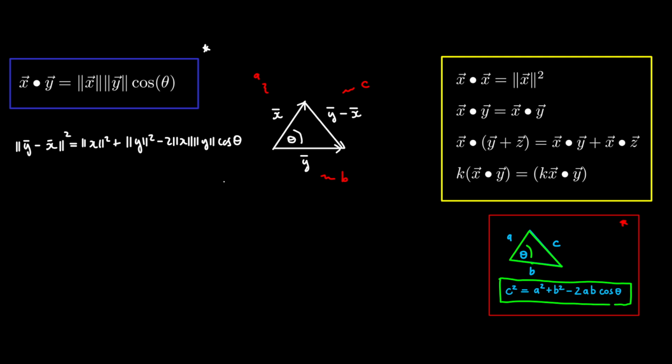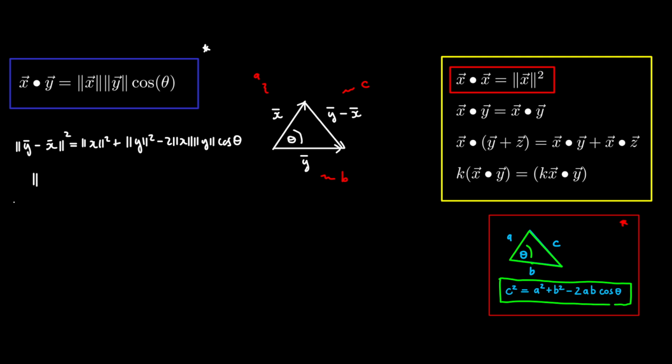Okay, so that's just according to the law of cosines, but we could also have expanded this length C in another way using the dot product, and that's just coming from this formula up here. So we know that the length of a vector squared is just the dot of the vector with itself, and you can actually very easily see that from the formula for the dot product. So in that case, we can expand this here.